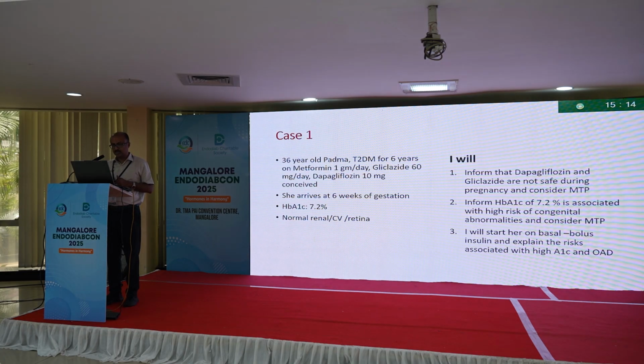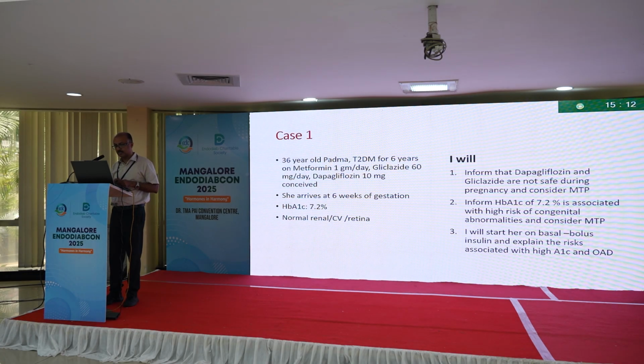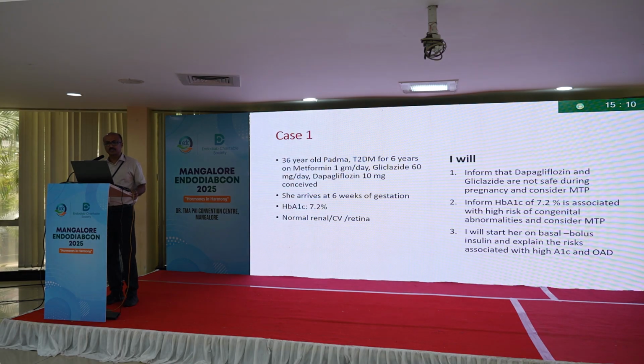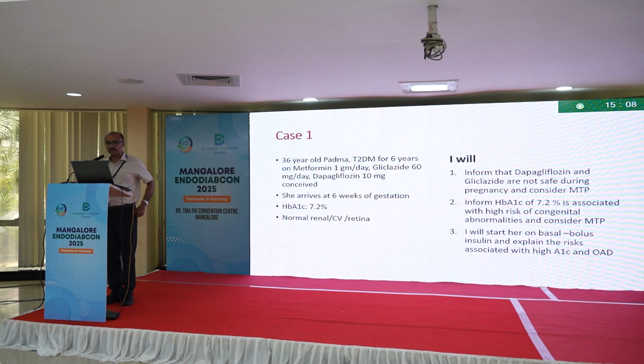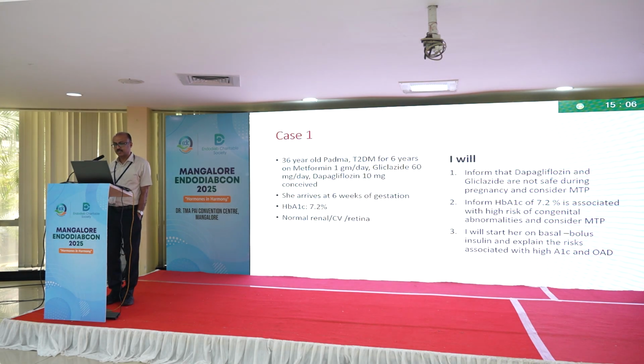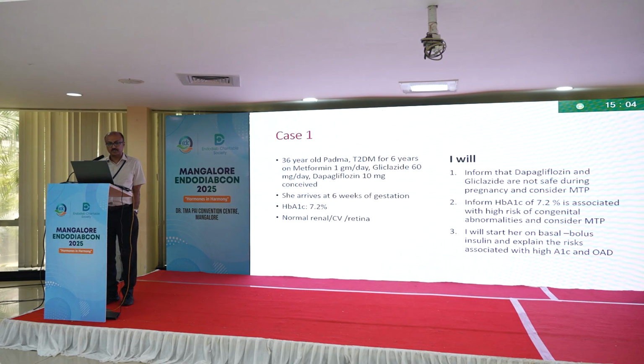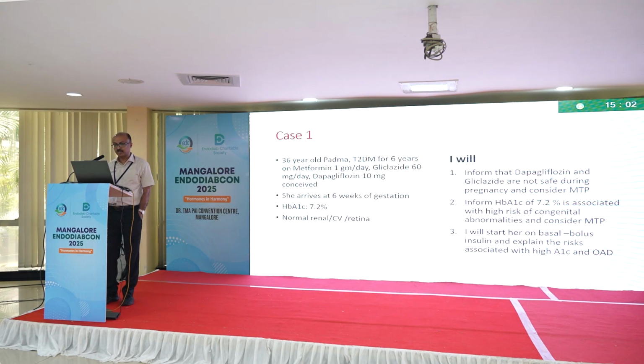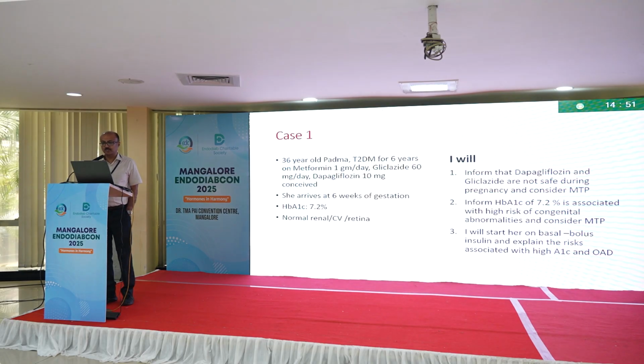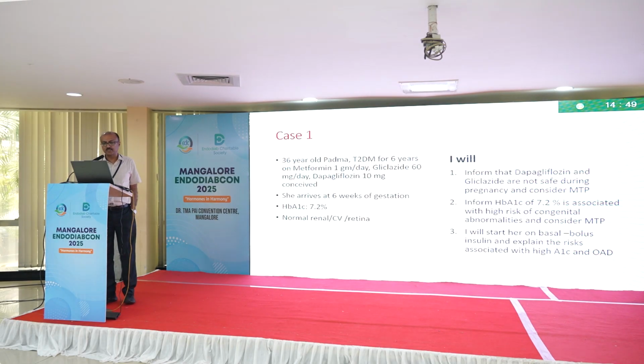Now, coming to more details of glycemic control, I will start with a case. This is a 36-year-old lady with type 2 diabetes of 6 years on metformin, glipizide and dapagliflozin. She arrives at 6 weeks of gestation and A1C is 7.2. She has normal CV, renal and retina status. What will you do? Will you inform the patient that dapagliflozin and glipizide are not safe during pregnancy and consider a medical termination of pregnancy?